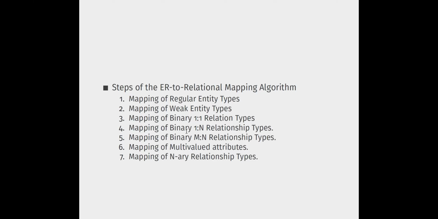Can some of you tell me, how do you map regular entities? How do you map weak entities? How do you map one-to-one, one-to-many, and many-to-many relations? How do you map multi-valued attributes? And how do you map relationship types with more than two participants?